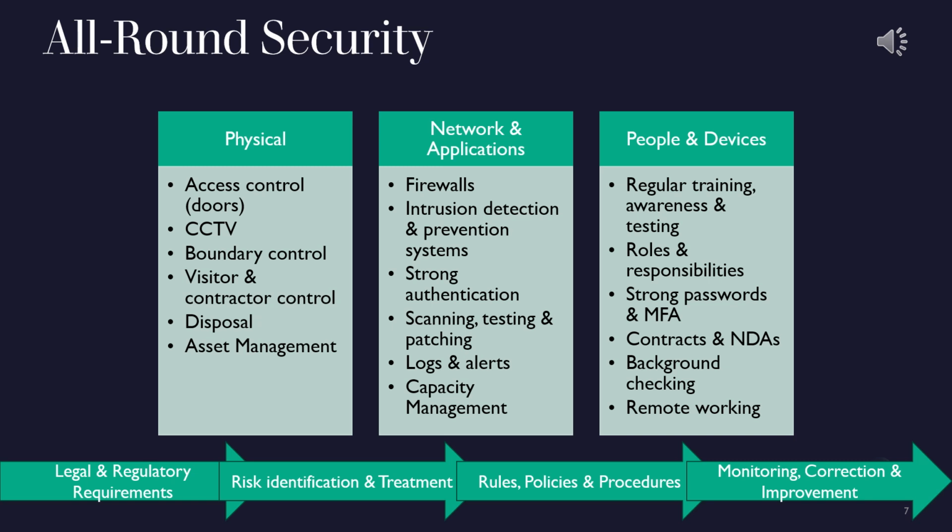When considering people and device security risks, we need to think about the use of locks, passwords for devices, and endpoint monitoring. This can be strengthened with training and awareness programs for employees, background checking, and security stipulations within contracts.